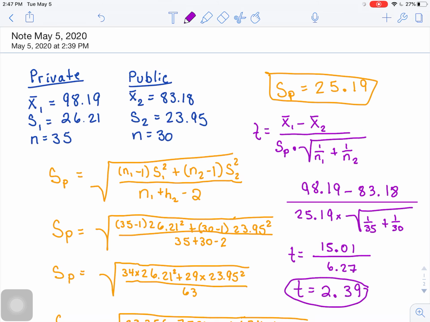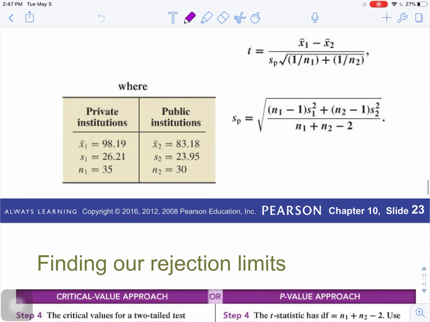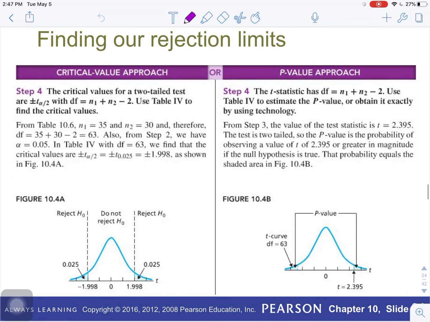So now I'm going to go back, and here I'm just going to refresh. We have our test statistic that we calculated as 2.39.